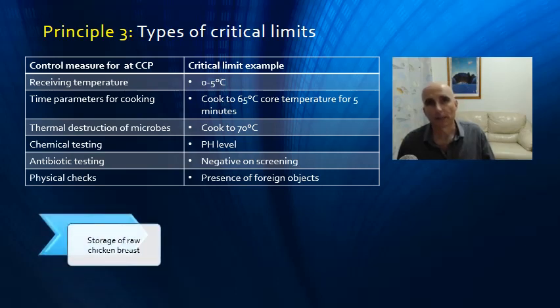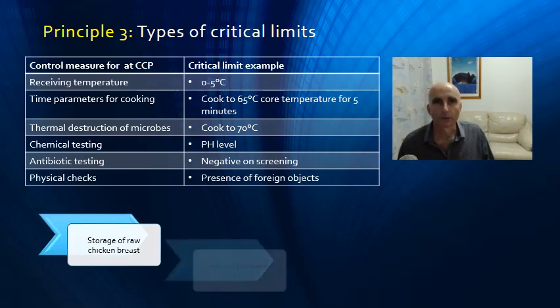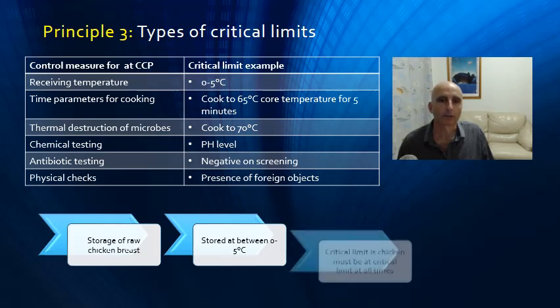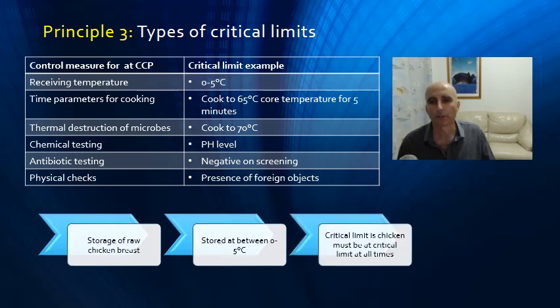Now, I'll give you an example. The storage of raw chicken breast, which we've all done before. It must be stored at between 0 and 5 degrees as a critical limit. That critical limit must be the same at all times. So we set a maximum and a minimum, and if it goes above that, then it's contaminated and could be unsafe.